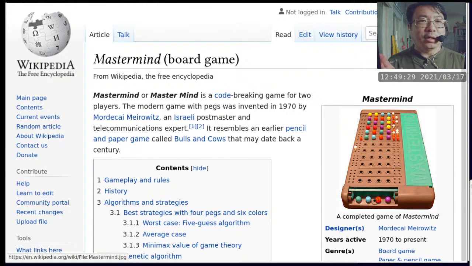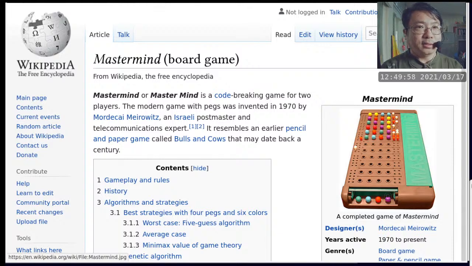And of the 6 colors, they can repeat. So the hidden permutation of pegs, each one can come from any one of the 6 colors. So this is basically a 4-tuple, where each item in the tuple can be from 6 different colors. And then the other person, not knowing the actual hidden permutation, needs to guess what the combination is.